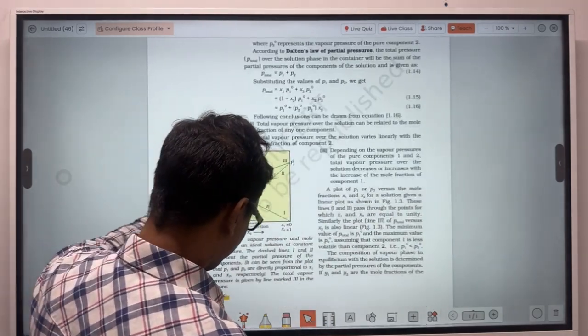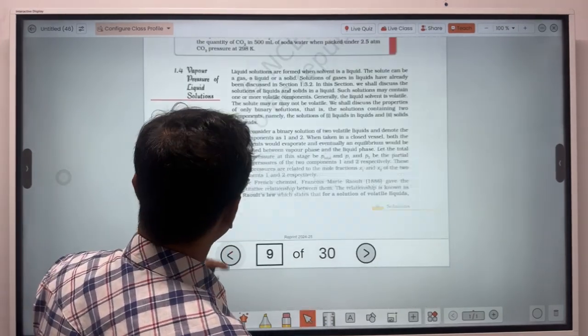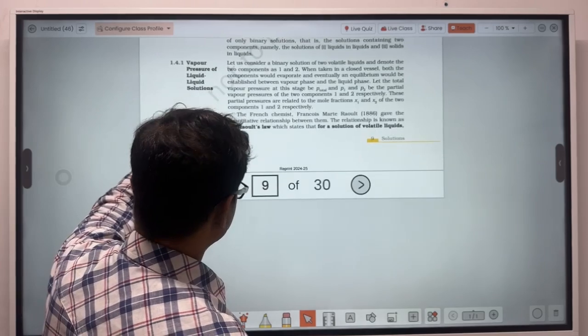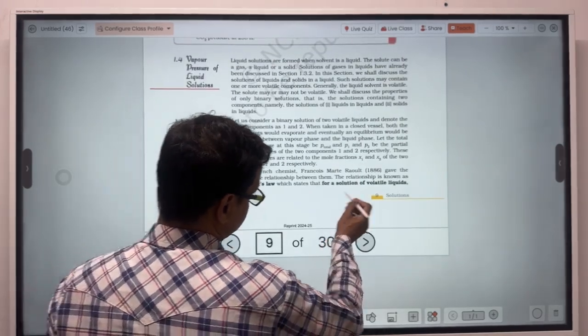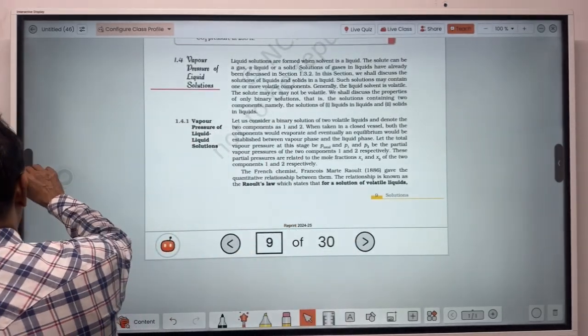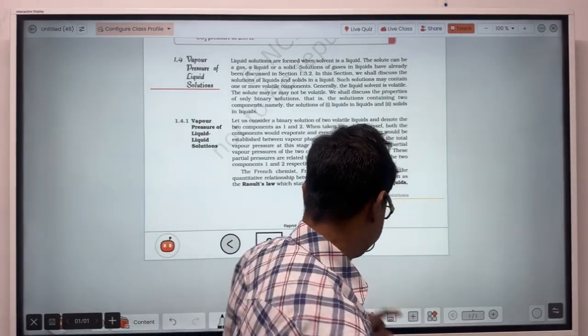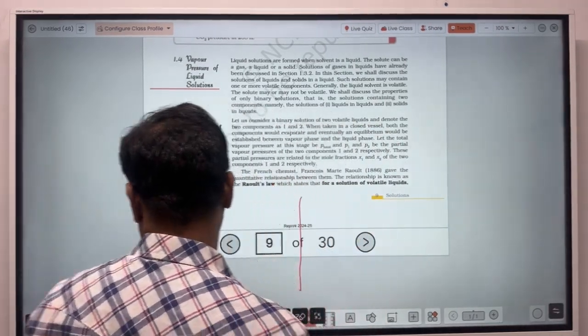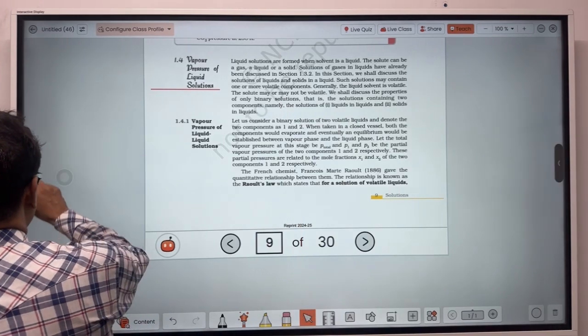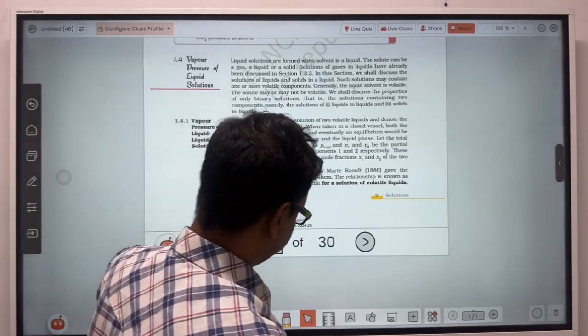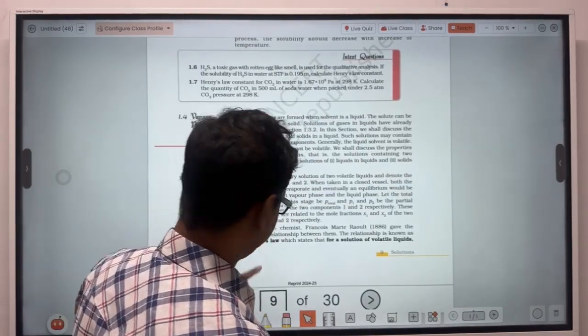What has Raoult's law stated? Henry's law stated that the solubility of gas in a liquid will be directly proportional to the vapor pressure of that gas over the surface of the liquid.